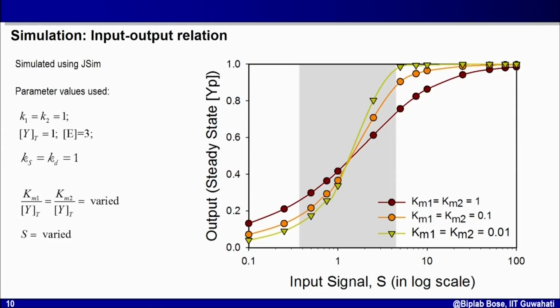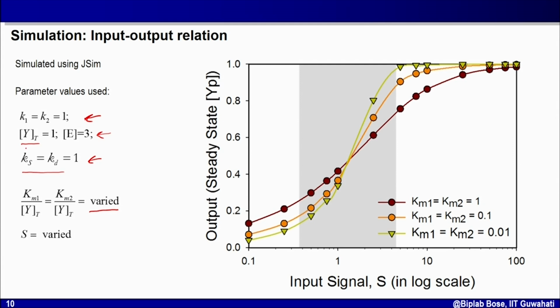What I have done, I have kept parameters K1, K2 at 1 fixed. I have kept total amount of Y, YT, as 1 fixed, and I have kept the phosphatase amount fixed at 3, and the degradation and Ks rates are also kept fixed at 1. What I have varied is the ratio of Michaelis-Menten constant by YT.